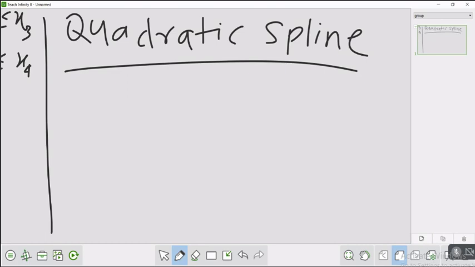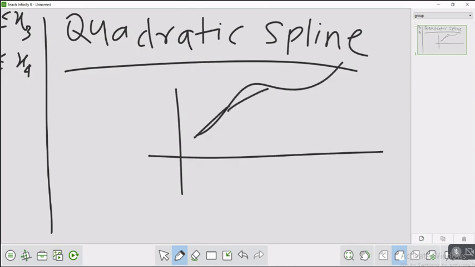Quadratic splines are just a collection of quadratic polynomials. Just like we fitted our data with straight lines, here we are going to fit our data with quadratic functions. It might give you more accuracy than the linear spline.